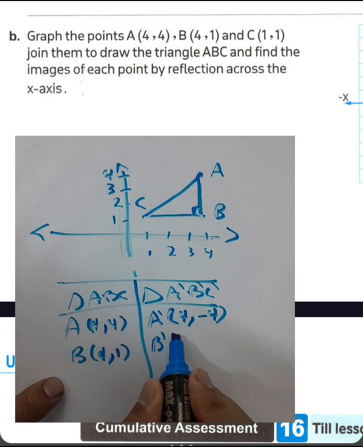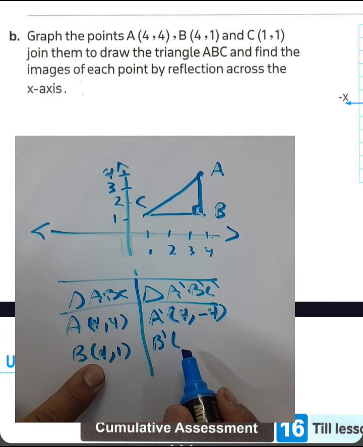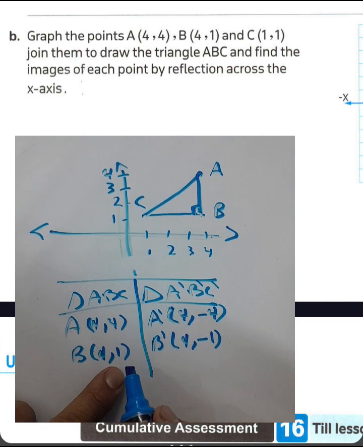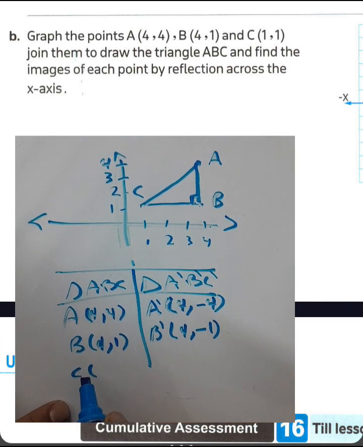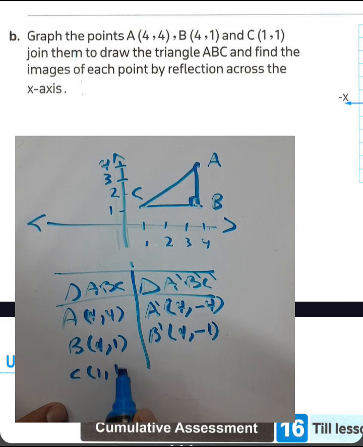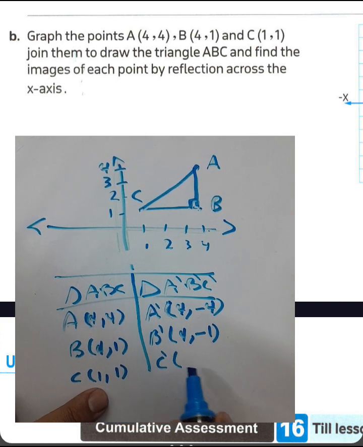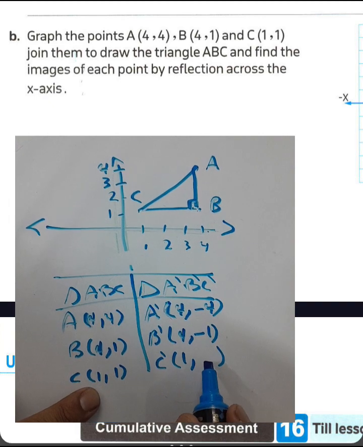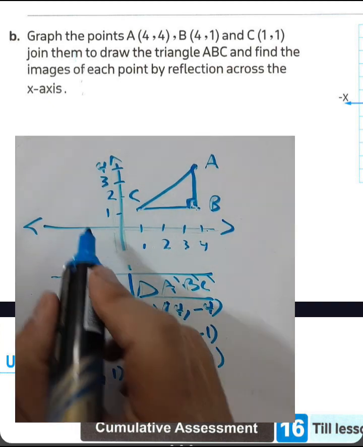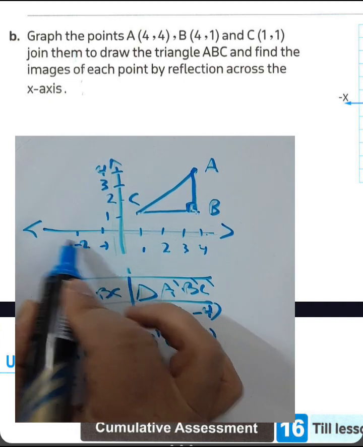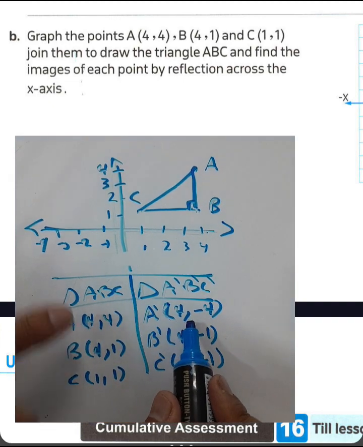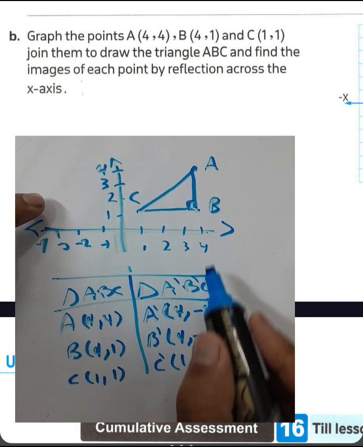B dash, reflection about the x-axis, then 4 and -1, change the sign of y. And the point C was 1 and 1. Reflection of this point across the x-axis: put x here and change the sign of y. Then you can write here -1, -2, -3, -4. 4 and -4 were down.